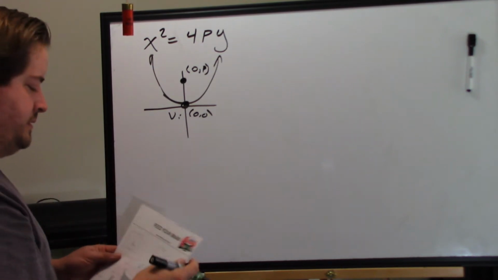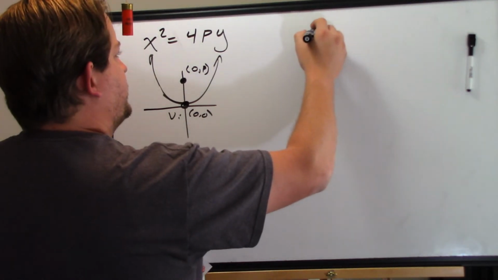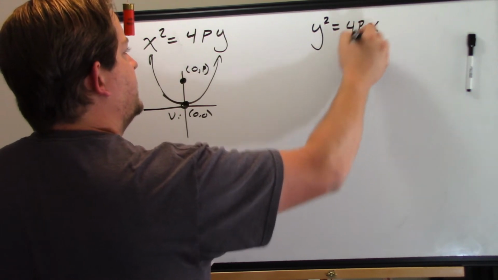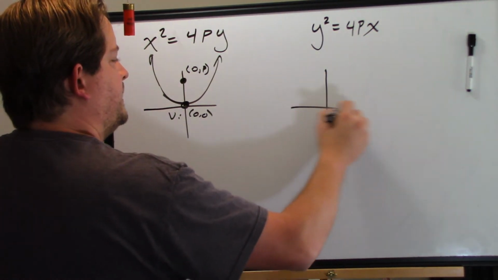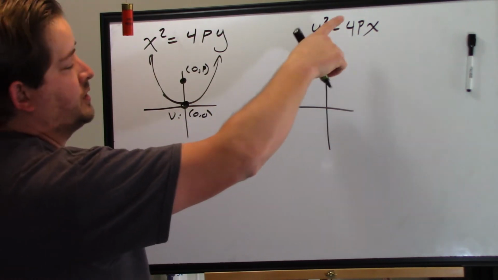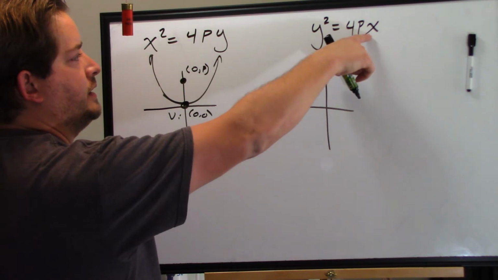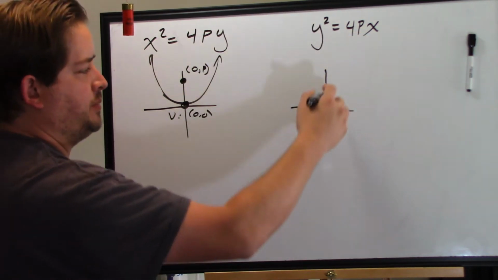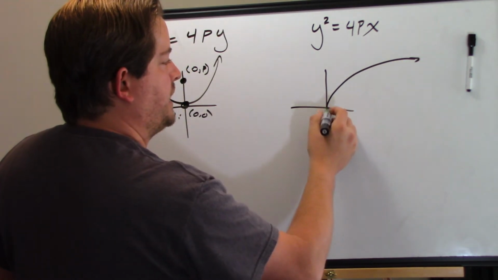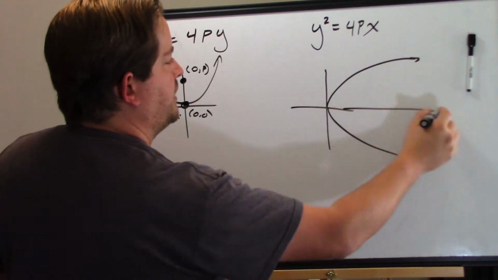So I have those. I also have an equation that could be y squared is equal to 4px, and if that's the case, x can be anything, but well, I'm sorry, y can be anything, but when you square it, it has to be positive, and therefore this x has to be positive. And so I get a parabola that opens to the right. All x values are positive.